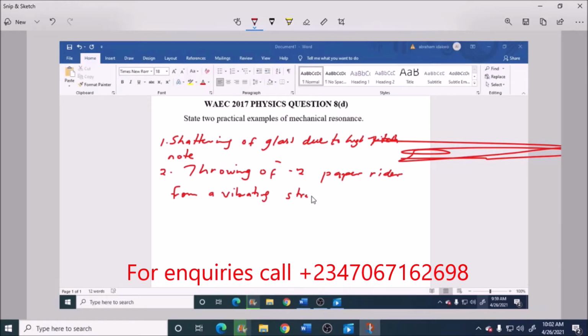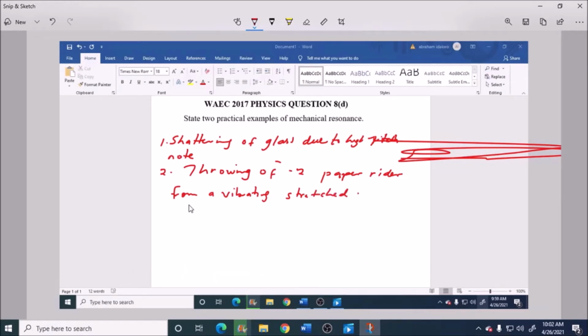Then we also have number three, car bodies rattled at very high speed.